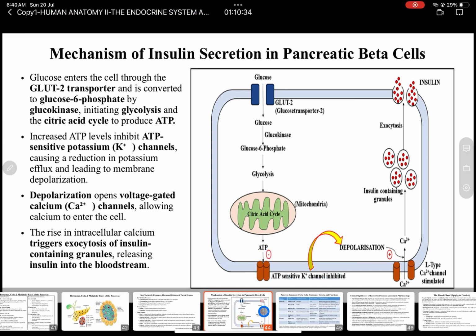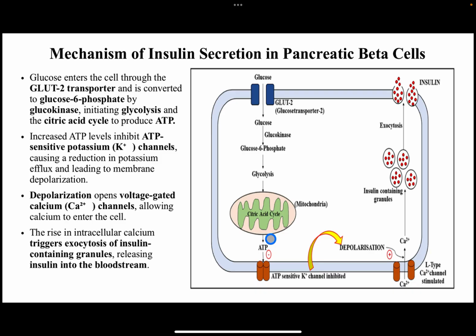This channel allows potassium to leave the beta cell. But the moment glucose enters and ATP levels increase, this channel will close. That is why we have negative over here. The channel closes, so potassium can no longer leave the beta cell. And once potassium becomes more in the beta cell, this cell will depolarize.